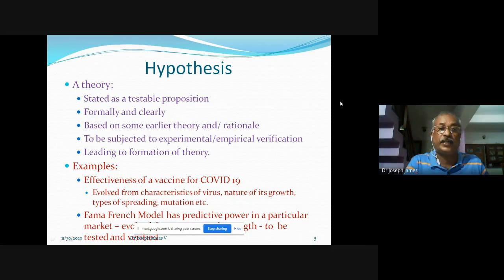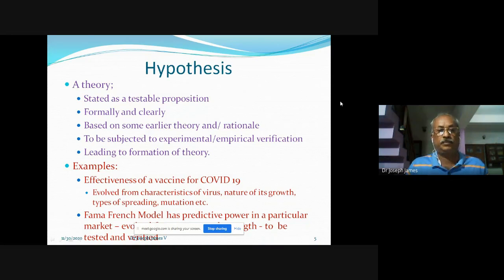The only limitation is that it is not tested or verified, and it is to be subjected to experimental or empirical verification. A hypothesis actually leads to the formation of a new theory.